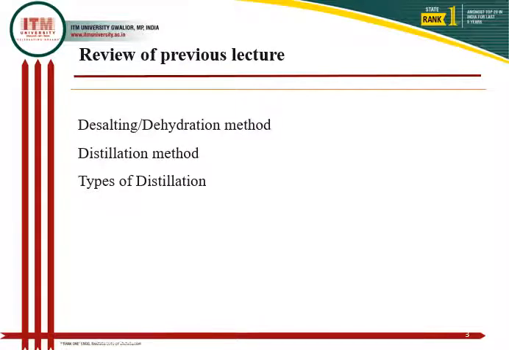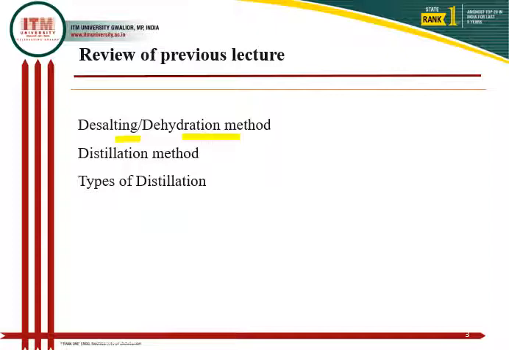We have read in the previous lecture the first and foremost method, the desalting method, or that can be said the dehydration method, to remove the salt content from the crude oil, which hinders the process of refining. So that is the step we went through in the desalting or dehydration method.